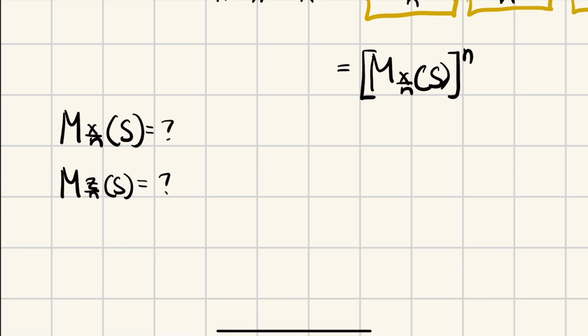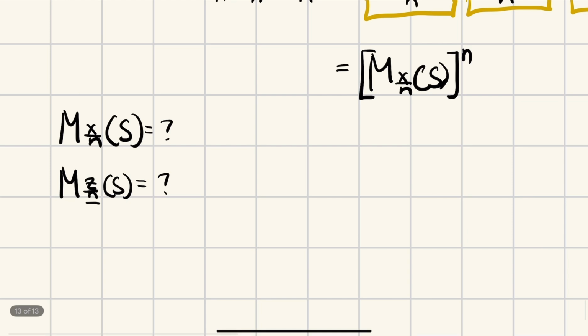Basically, we want to find the moment generating function of z over n, where z equals x minus mu over sigma and follows a standard normal distribution, because that's way easier to find than the moment generating function of a normal distribution over n.